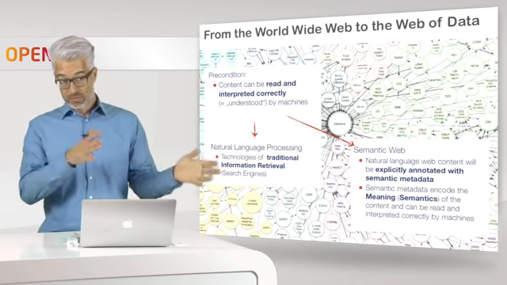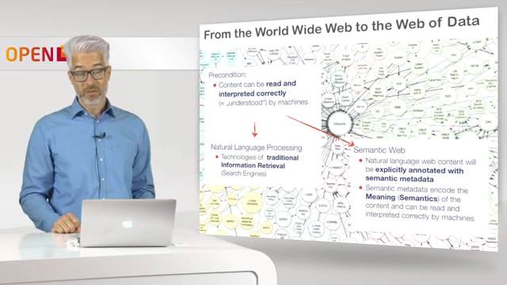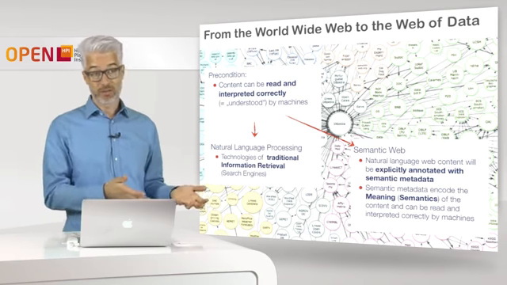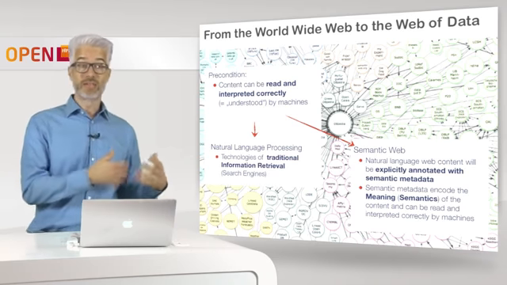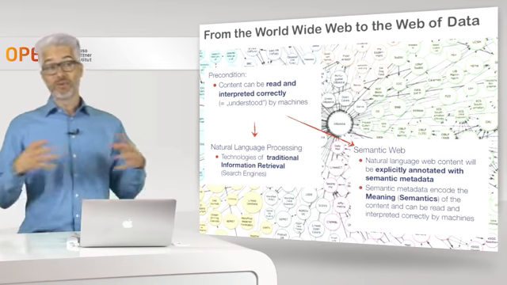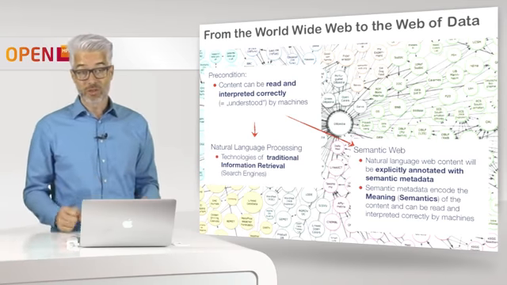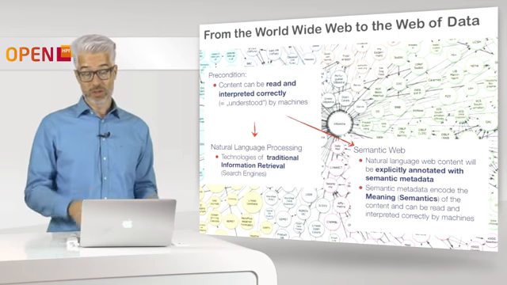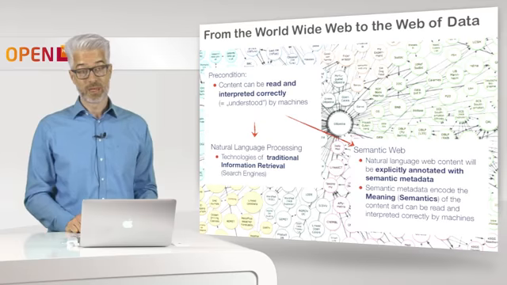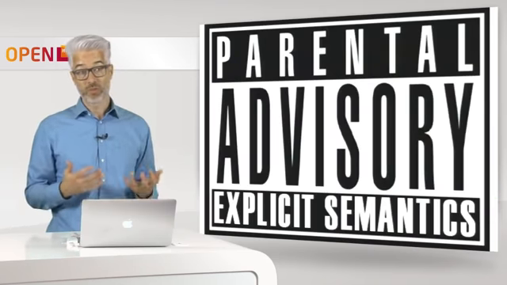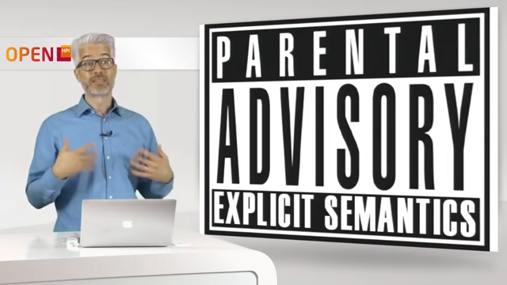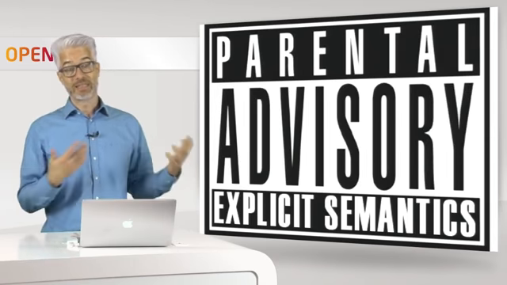So we have these two different approaches. The first one tries to understand and to figure out the meaning with natural language processing technology, statistics and stuff like that. And the other one is, okay, we can also enrich the natural language content in the web, meaning the information in the web pages or also in the data, by explicit semantic annotation. So the semantic web approach means that the semantics will be made somehow explicit, so you can get access to the semantics.